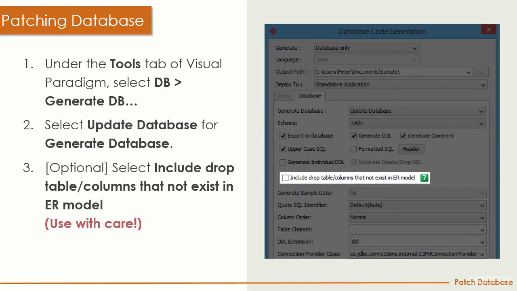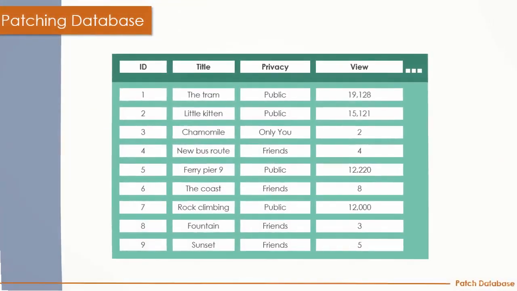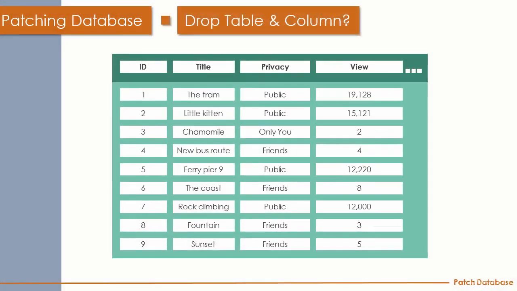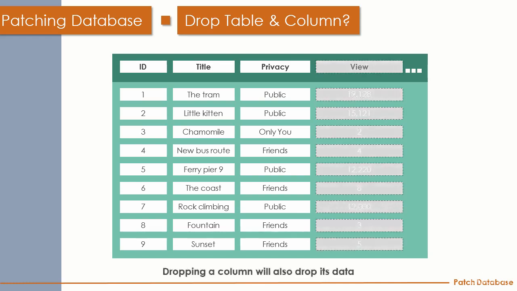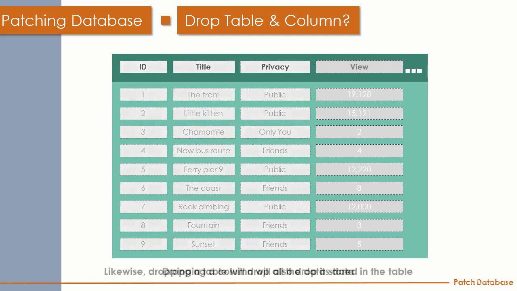There is a very important option I would like to use the rest of this lecture to discuss. There is a checkbox called Include Table/Column that does not exist in ER model. You need to use it very carefully. Let's talk about the consequence first. If you drop a column, all the data in this column will be deleted permanently.